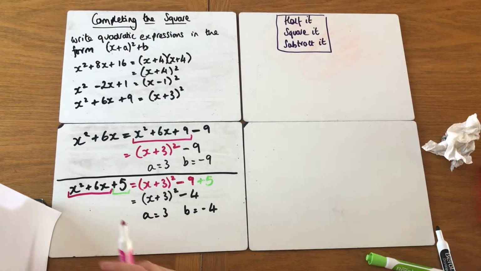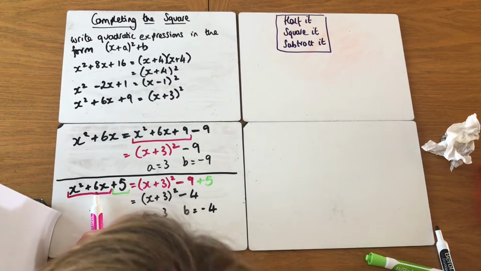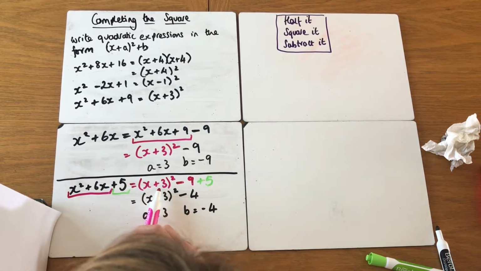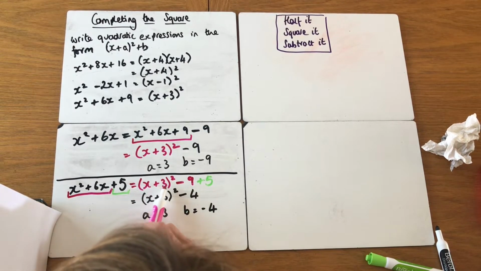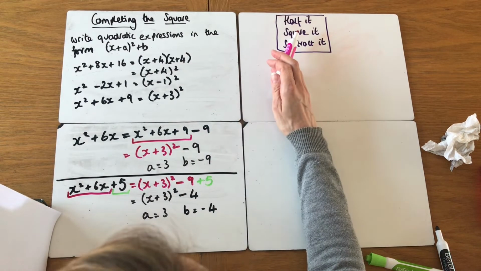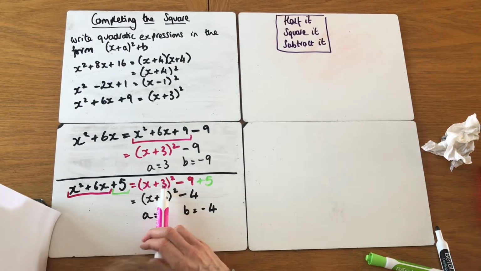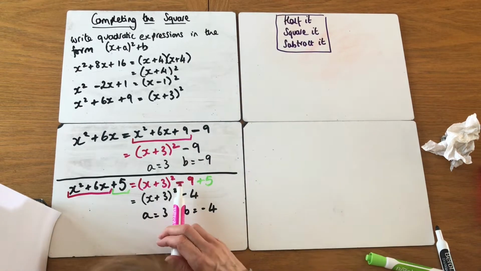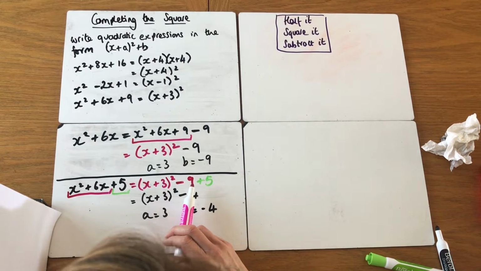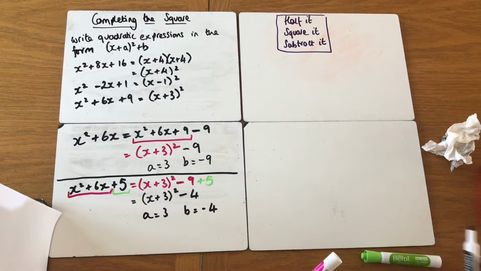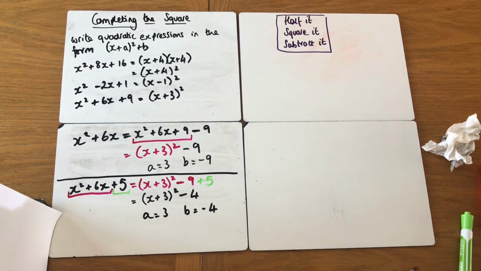Halve it comes from we halve the coefficient of the x term, so we halve 6 and that's what goes in our brackets here, it's the plus 3. Square it means we square this 3, which gives us 9, subtract it gives me my minus 9 on the end, and then I just need to add my plus 5 back on and then simplify.